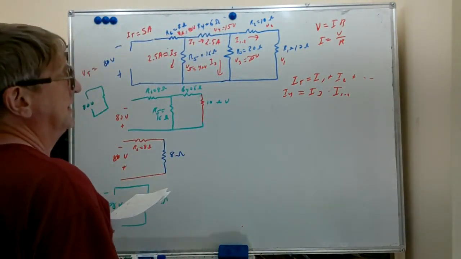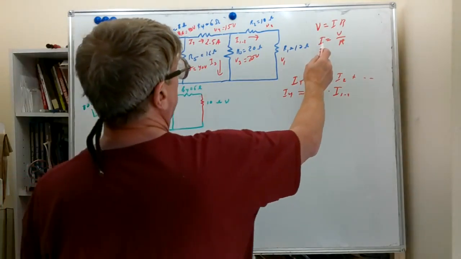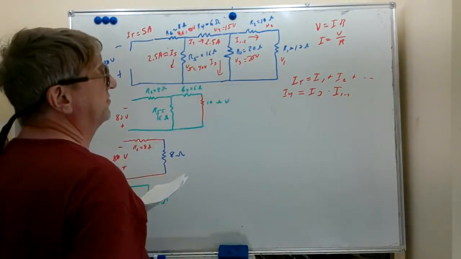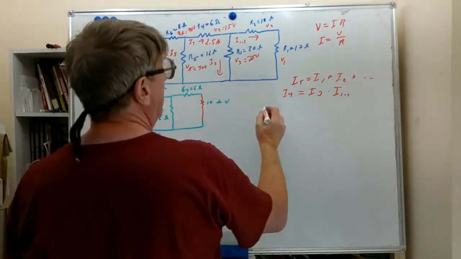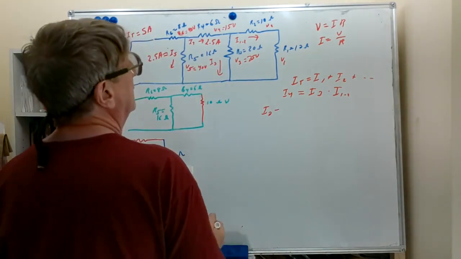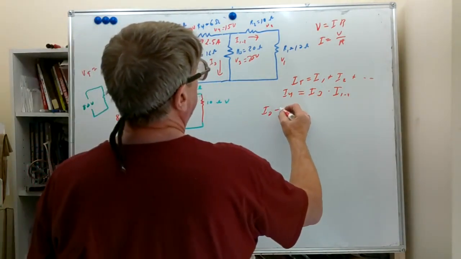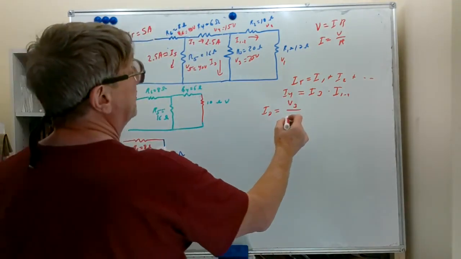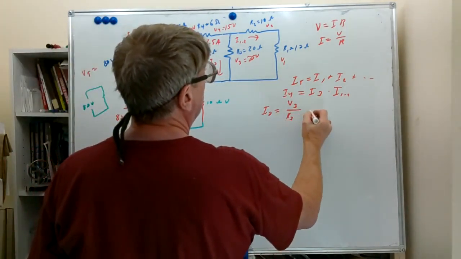But we have our current formula, current equals voltage divided by resistance. We have calculated the voltage here, we have the resistance. So let's calculate I3. I3 will be equal to voltage 3 divided by resistance 3. And we have those.